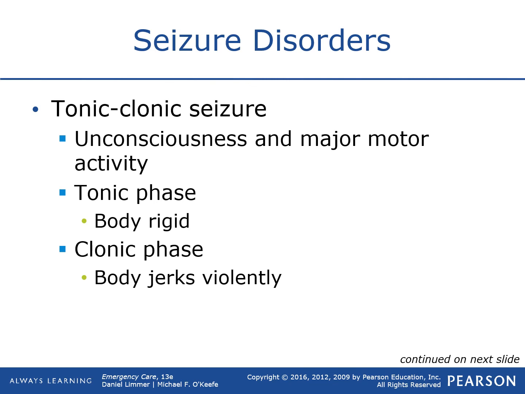More commonly, we have both happening. So you have tonic and then clonic. So the body will become very, very rigid for like 30 seconds, and then you go into your clonic phase where it's shaking around. And that's the more typical representation. So we call it a tonic-clonic seizure. So again, that is unconsciousness with a lot of major motor activity that we can see.